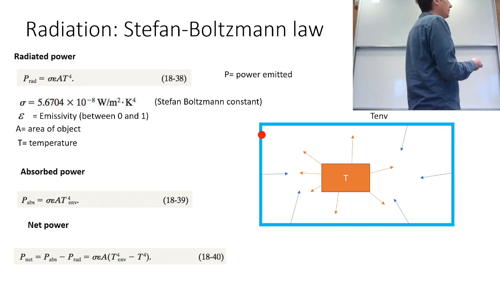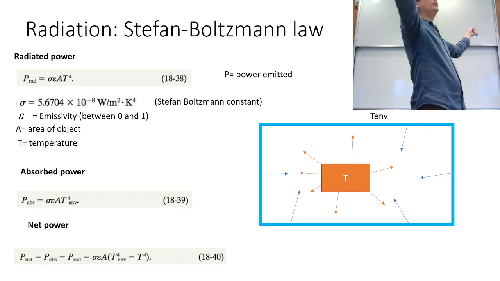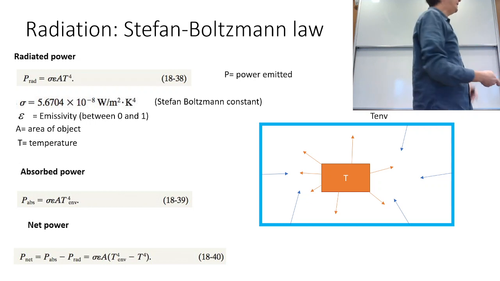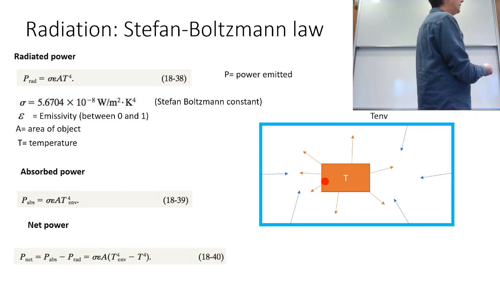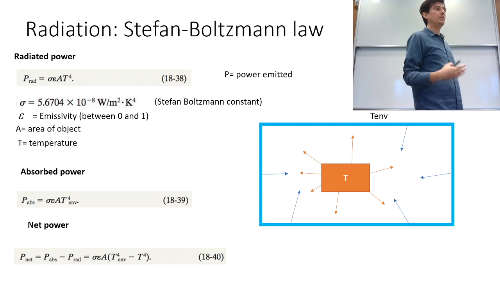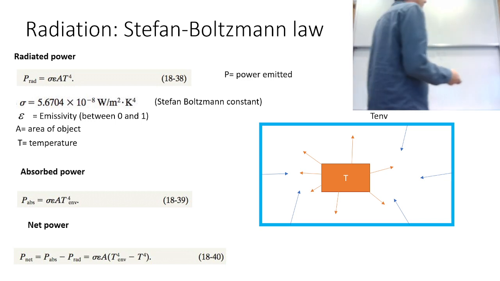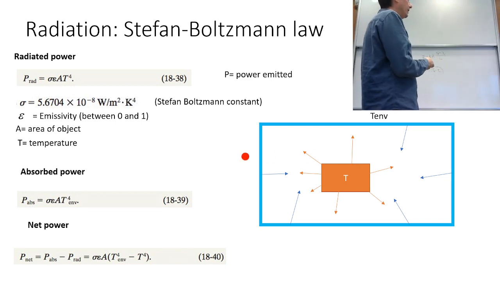But of course it's sitting inside a room, and this thing is hot, so it's emitting a lot of photons, but like I said, everything in the room is glowing, so the photons are coming off the walls, and it's going to actually hit this object too. So it's actually going to be absorbing some of the photons that are coming off its surroundings. So the radiated power is the photons that are coming off, the orange ones here.